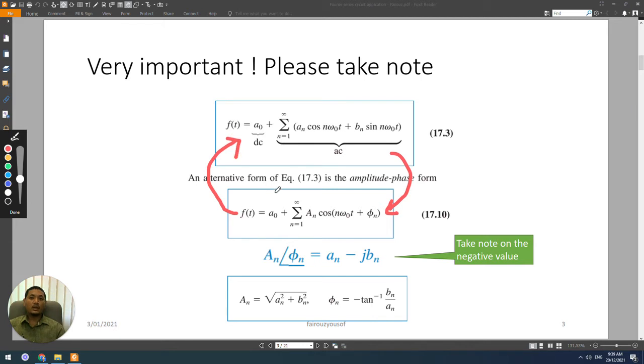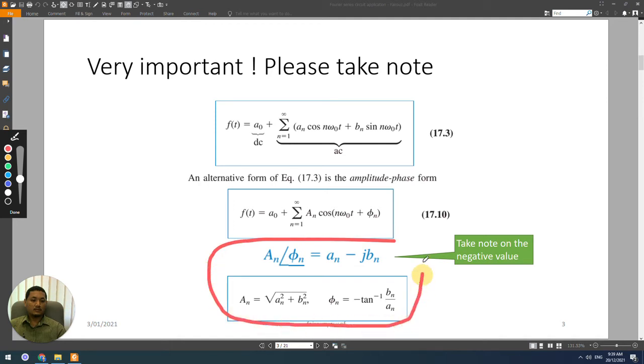How can we convert? The equation is by using this equation. The amplitude A_n can be obtained by calculating the square root of a_n squared plus b_n squared.